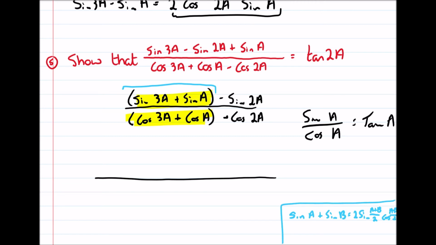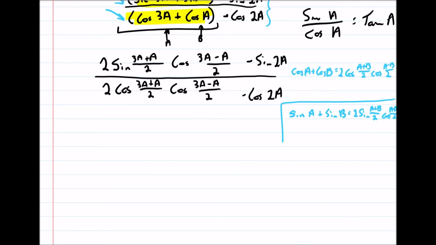So with that in mind, this here will get changed to 2 sine, this is a, this is b, so 2 sine (3a plus a over 2) cos (3a minus a over 2).